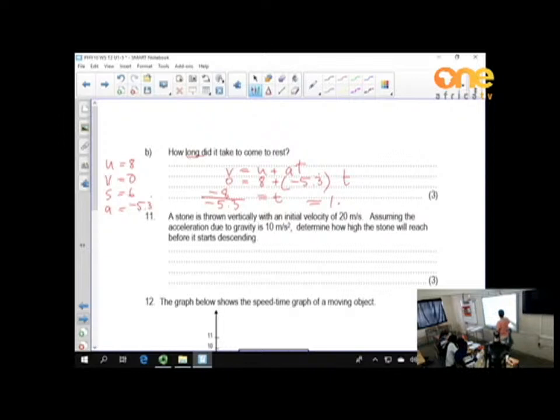Is it 1.5? 1.5 seconds. Okay, good. It becomes minus, yes. And when you multiply and you take it across, it becomes divide. Okay, no, but that's good. It's just practice. It's fine.